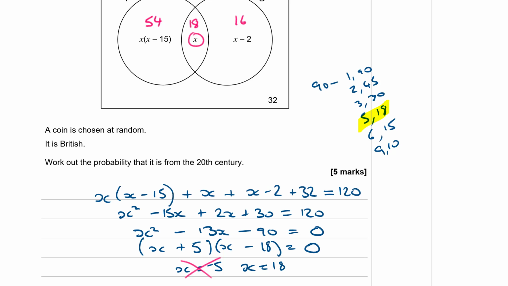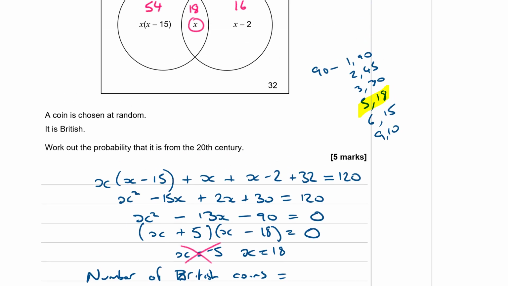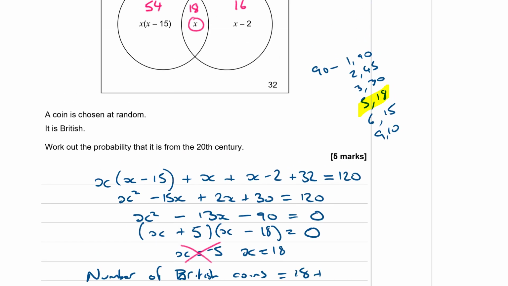There are 18 plus 16, that's 28, 30, 34 British coins. So the number of British coins is 18 plus 16, which is 34, and the number of British coins that are also from the 20th century is 18.